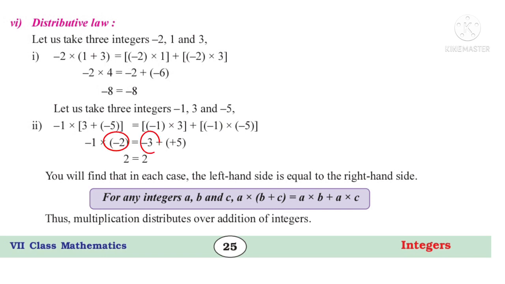On the right hand side, minus 1 into 3 is minus 3 plus minus 1 into minus 5 is plus 5. So on the left hand side, minus 1 into minus 2 is 2. On the right hand side, minus 3 plus 5 is 2. Both are equal. So we can say that for any integers a, b and c, a into b plus c is equal to a into b plus a into c.